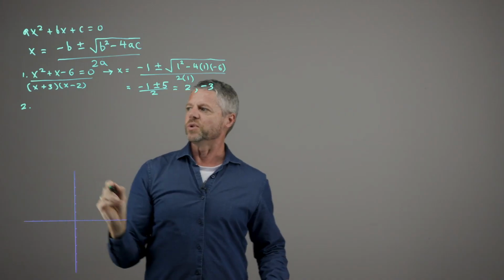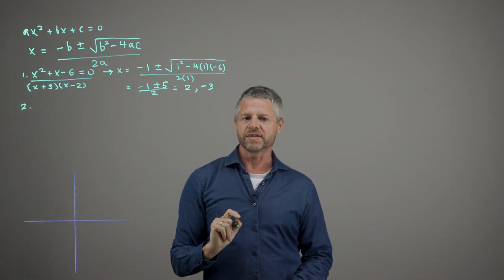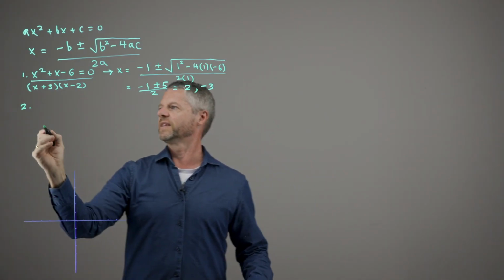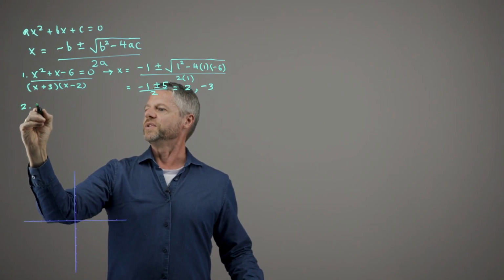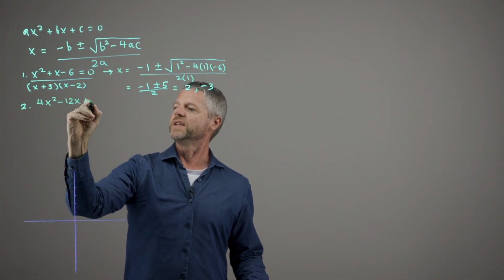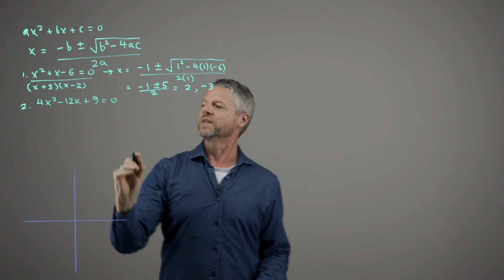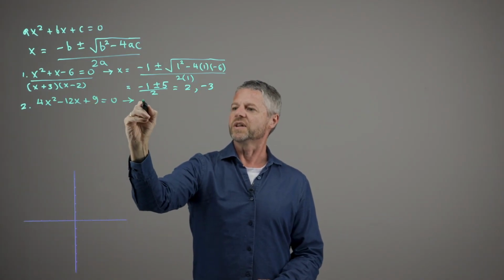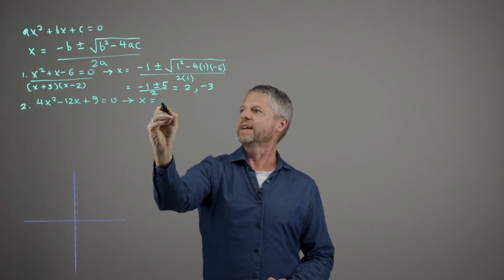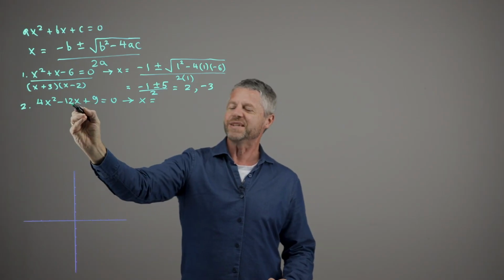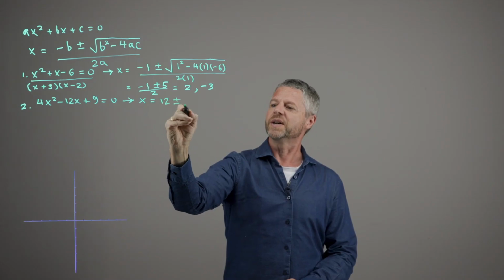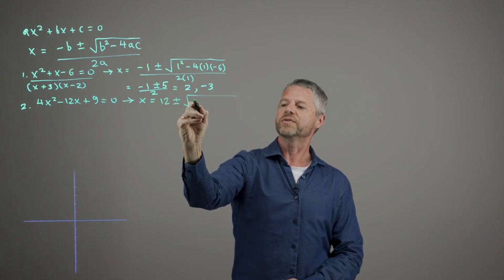Let's do an example where we only have one solution. In this example, the discriminant is going to turn out to be 0. So we'll do 4x squared minus 12x plus 9 equals 0. So let's use our quadratic formula. We're going to have minus b. b is minus 12, so minus 12 is plus 12, plus minus square root of 12 squared.